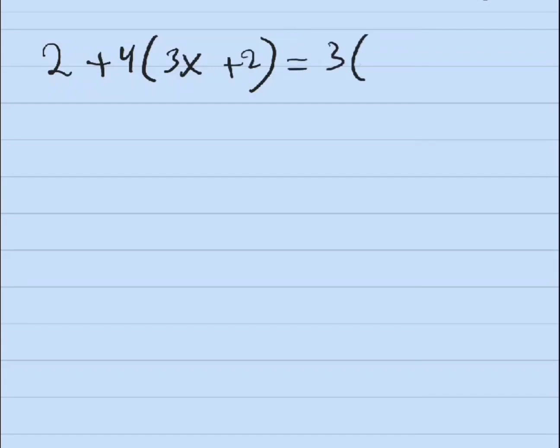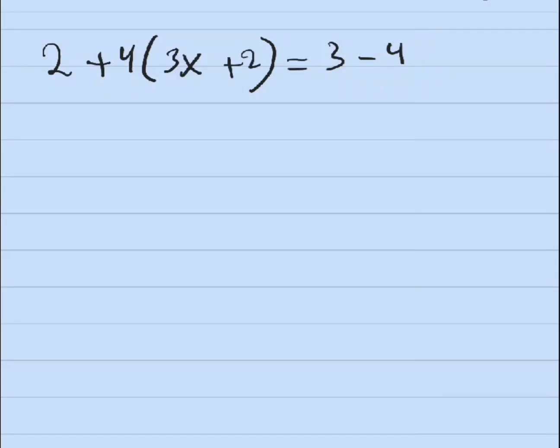Now sometimes you may have parentheses on both sides of the equation. So let's try an example that illustrates that. Let's say we have 2 plus 4 times 3x plus 2. And let's say that's equal to 3 minus 4 times, well, let's change that.